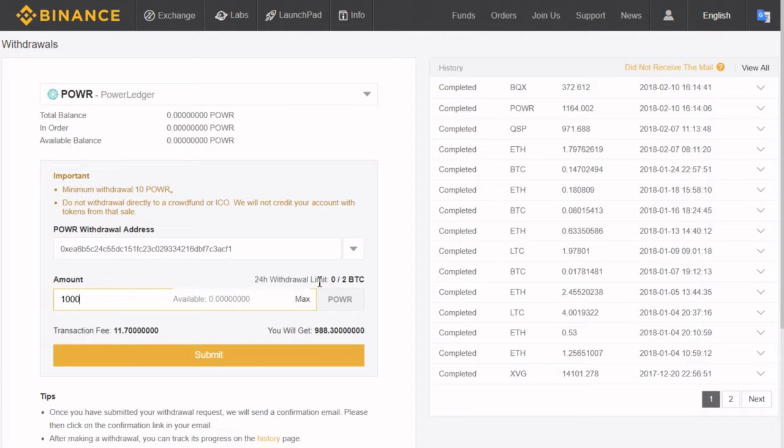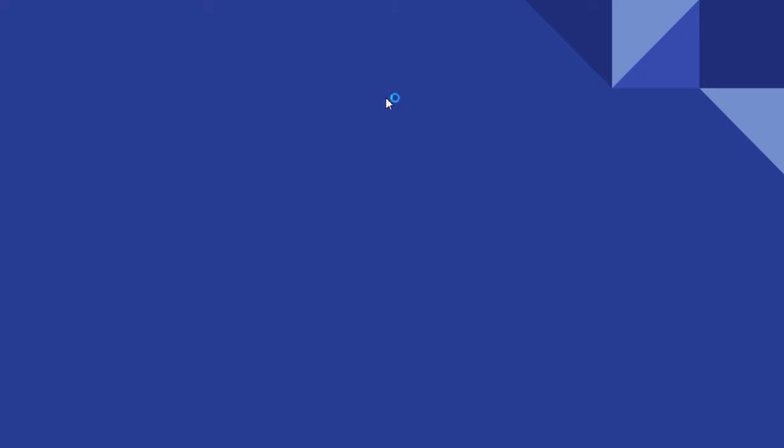So say you'd bought that 1,000, you do that. It'll take a fee from it, because obviously they've got to make a little bit of money somehow, and then you go submit, and it's going to actually withdraw that 1,000 to your personal wallet. So just think, while it is on the exchange, you don't own it, and until it's in your wallet, you don't actually own it. And I'll talk about that a little bit more, as I said, in the next one.